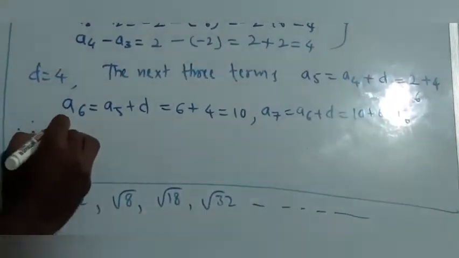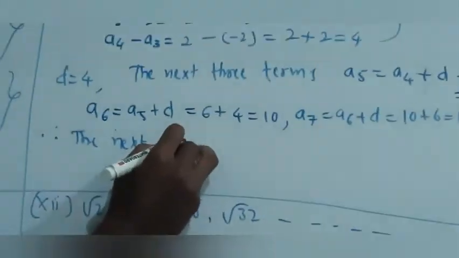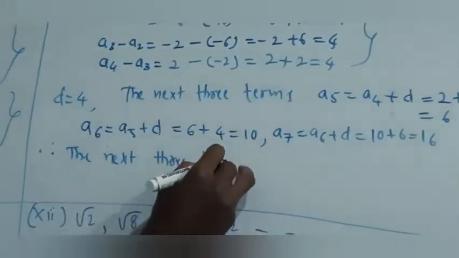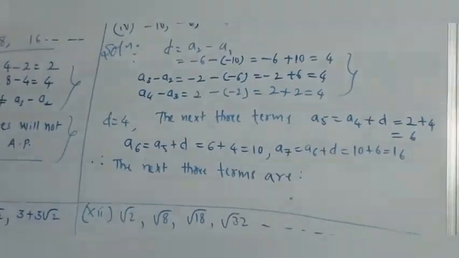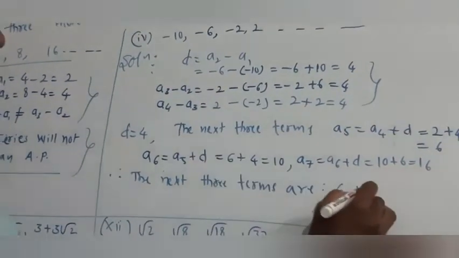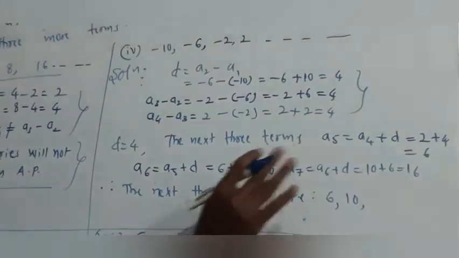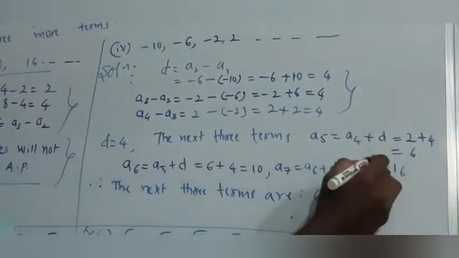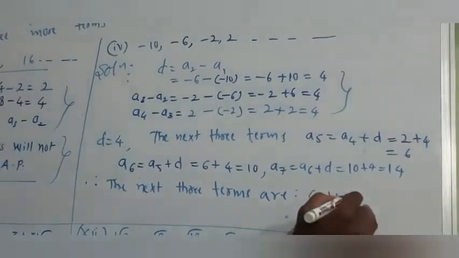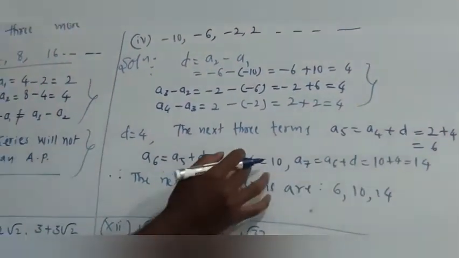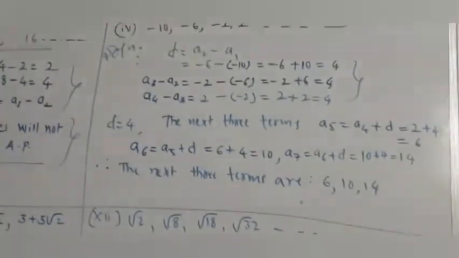Therefore, the next three terms are 6, 10 and 14. Instead of 4 I had written 6, so I replaced it with 4.